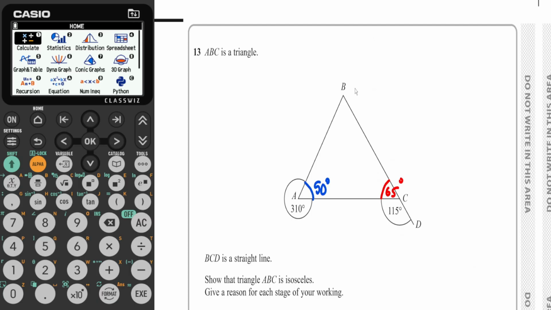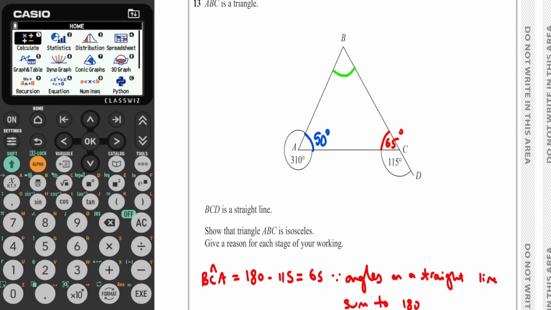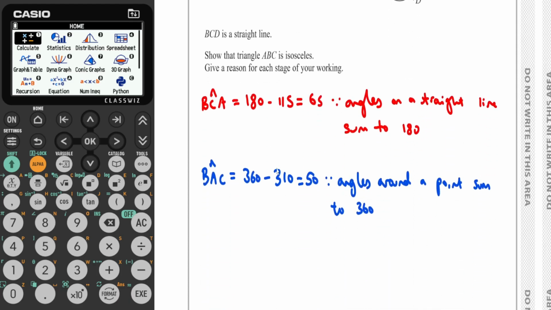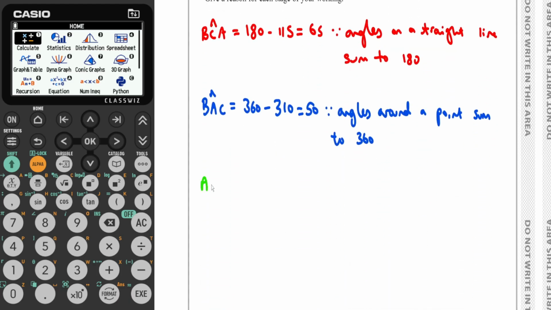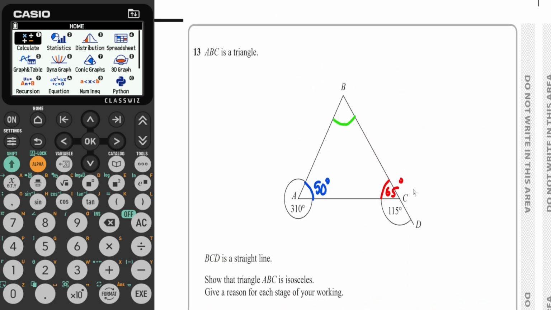So therefore this angle here we can find out by recognizing that the angles in a triangle sum to 180. So the angle ABC equals 180 take away this 50 take away the 65, which is equal to 65 degrees. So this angle is 65.